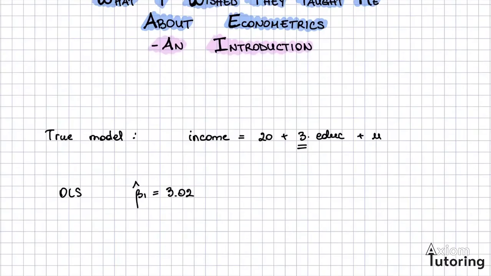As you can see, this is very close to the true value of 3. This is what we'd hoped to see. In a real data set, we'd never get exactly 3. There's also sampling variation, which means that the estimate fluctuates, but it is still centered around the truth.